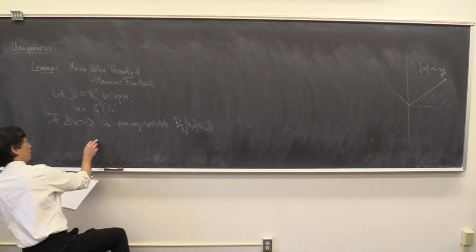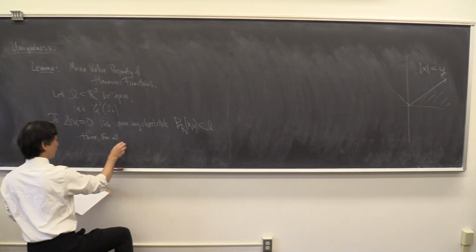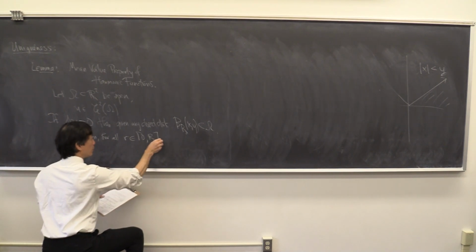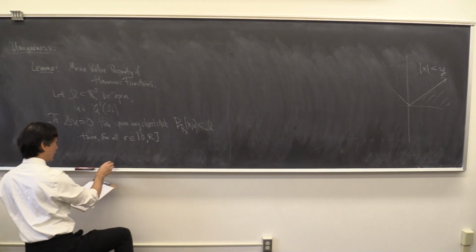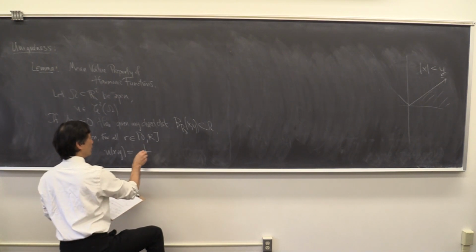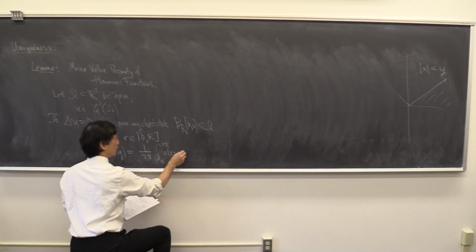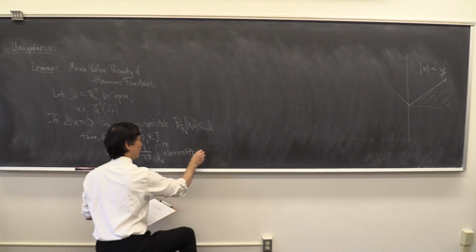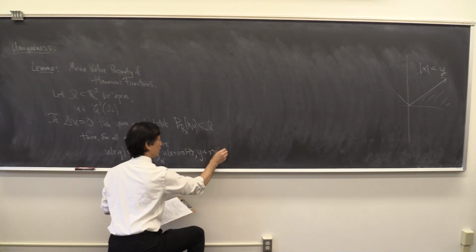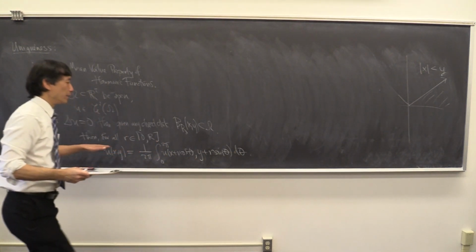then for all r between 0 and capital R, we have that u(x,y), the value at that center, equals the average of the value over the circle of radius r centered at that point.